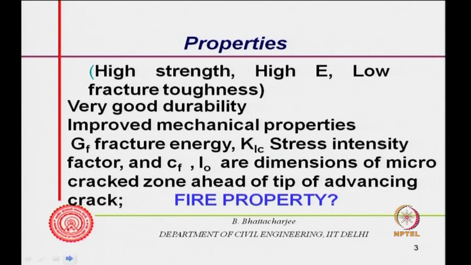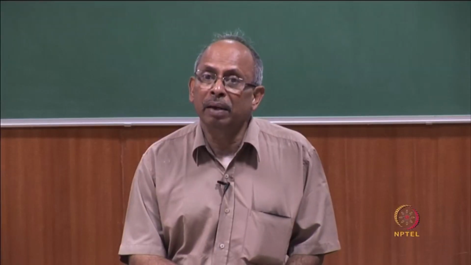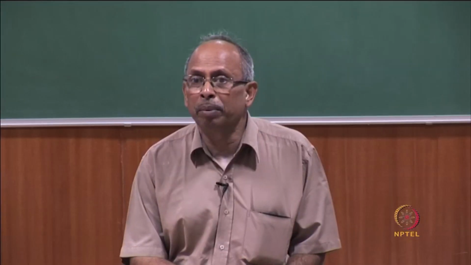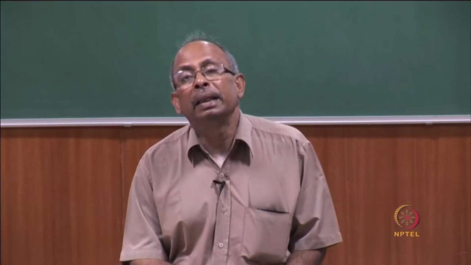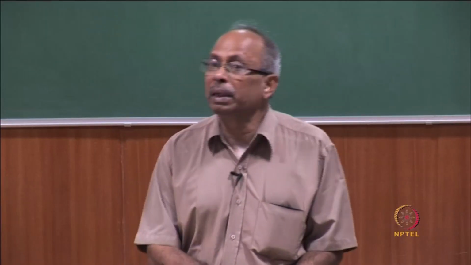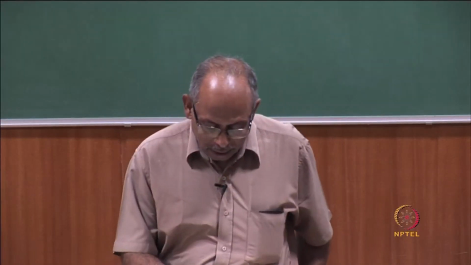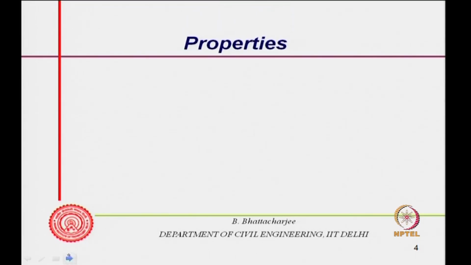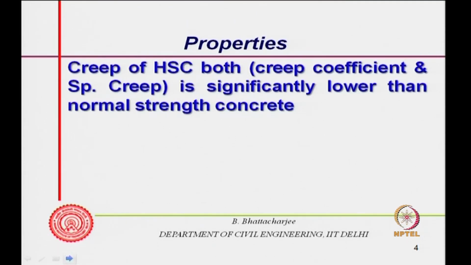The dimensions of the micro cracked zone ahead of the tip of an advancing crack, again fracture mechanics related properties, are smaller than in normal concrete. Fire property is of course suspect, that is where we stopped in the last class, and then let us look into other properties such as creep.